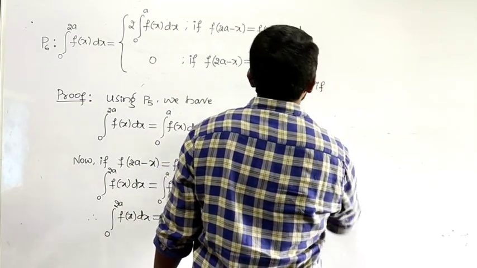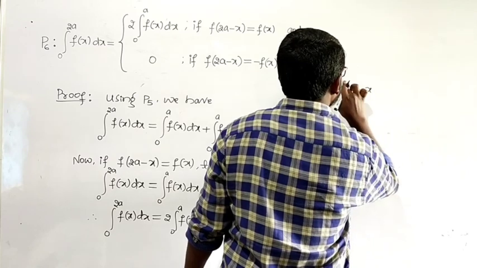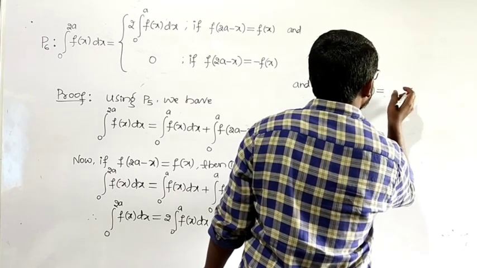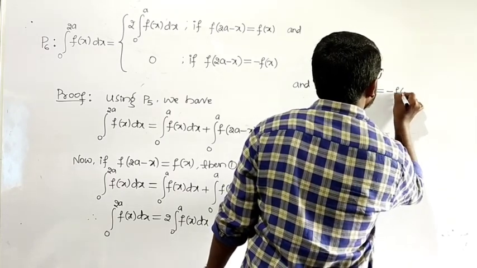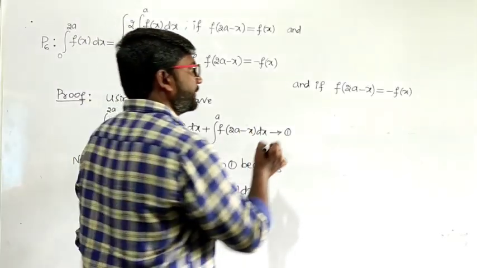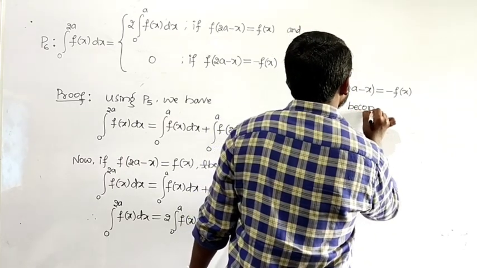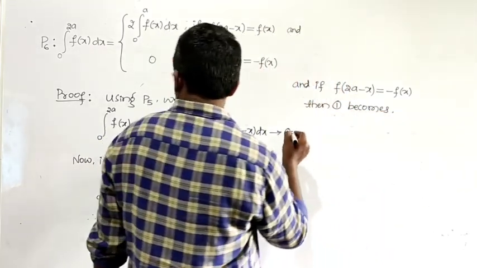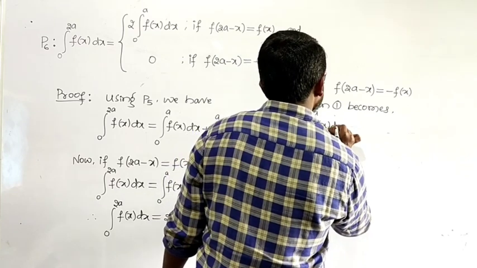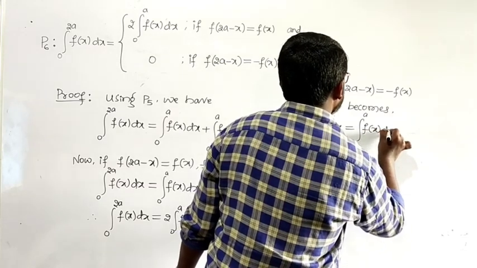If f of 2a minus x equals minus f of x, then equation 1 becomes, we have to rewrite equation 1, the integral from 0 to 2a of f of x dx, which is equal to the integral from 0 to a of f of x dx.